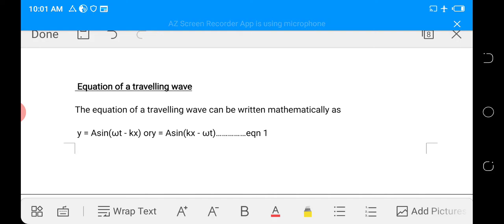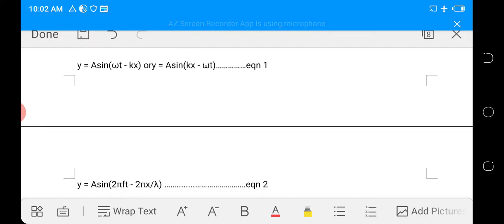The letter ω is called omega, and it stands for angular velocity, which is given as 2πf. k is called the wave number, and it is given by the formula 2π over wavelength λ. t stands for time, and x is the displacement of the wave along the x axis.